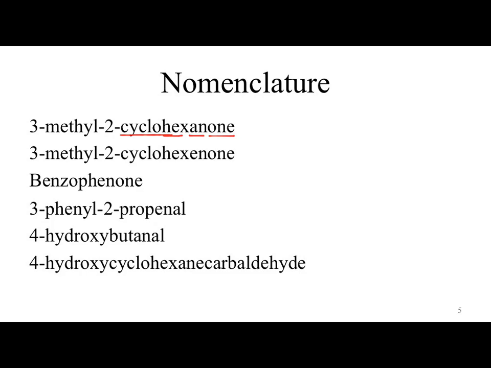Now I'll go through and try to put that together. Cyclohex means 6 carbons in a ring. The AN means they're all single bonds. The ONE ending, it's a ketone, so we can put in the carbonyl. Really? It gets numbered like that?